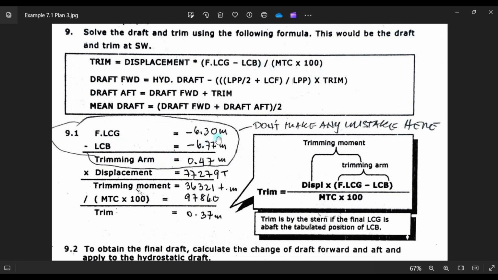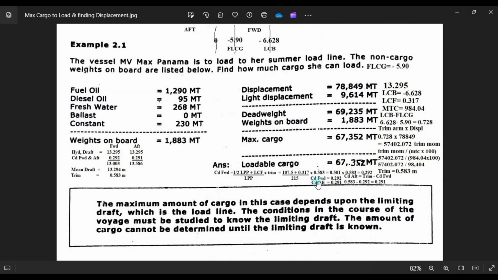So first we deduct the LCG from the LCB. LCB, negative 6.628, minus your final LCG, which is negative 5.9, which is this one, and the difference would be 0.728.